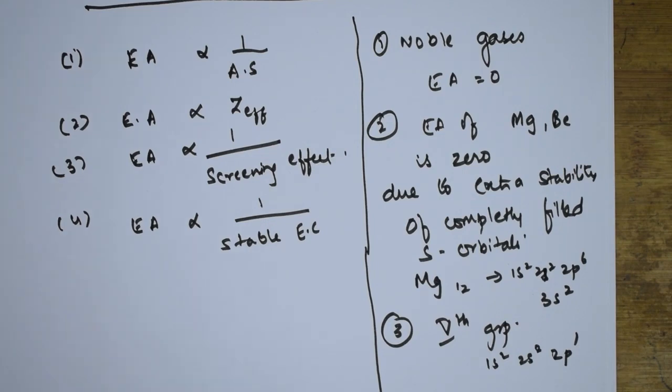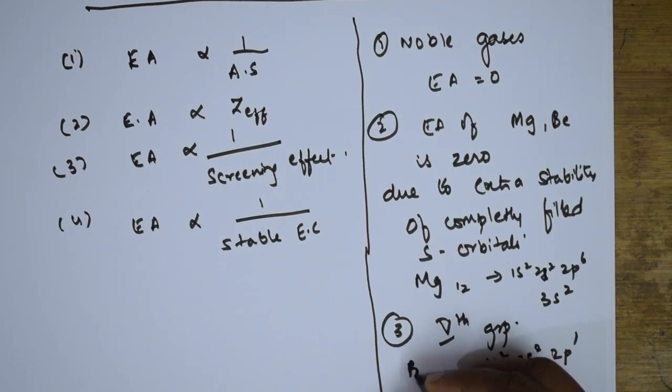So now, normally, when I take a fifth group element in the periodic table, hope you would have seen the video of the periodic classification of elements, students. In that, your first group is your alkali metals, second is your alkaline earth metals, third, fourth, like that. Suppose if I take the fifth group elements, boron, atomic number 5.